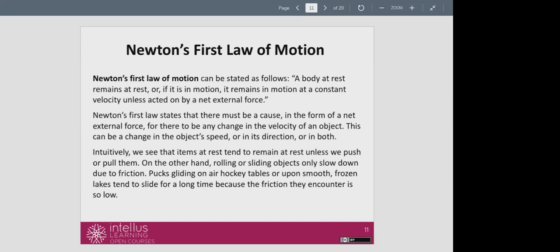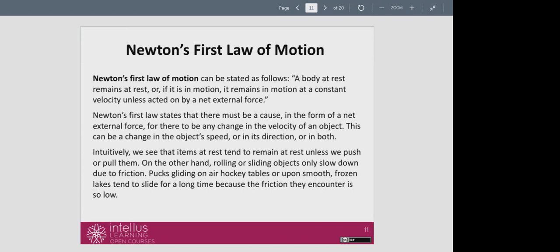Okay? So you can apply forces to an object, but unless those forces combine so that you have a net force, you cannot alter that object that is at rest. Okay, that's one half of the picture.